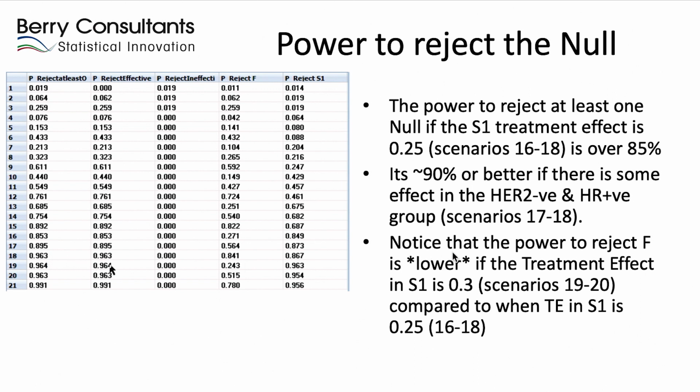Notice that the power to reject the full population, to reject F, is lower in the last three scenarios compared to the ones above, because the treatment effect we're simulating in the subgroup is now 0.3, so it's higher, and what's happening is that the treatment effect in the remainder, it's getting harder to see that it's within 0.1 of it, because the treatment effect in S1 is now so much higher.